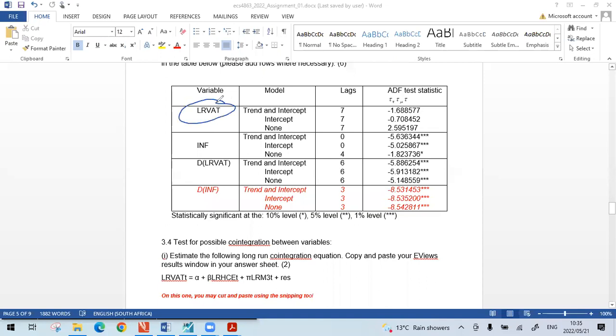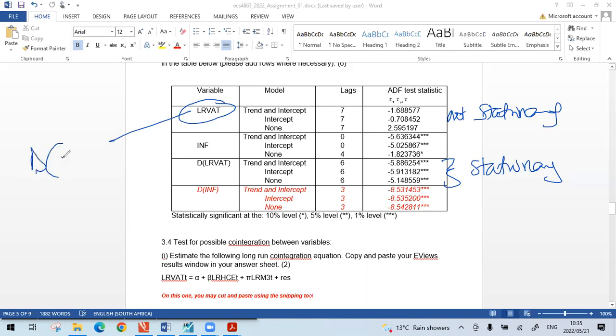This is VAT. In levels, it was not stationary, right? But after differencing once, it became stationary. Can you see that? So in other words, we can say LVAT is of order 1 because it became stationary after differencing once.